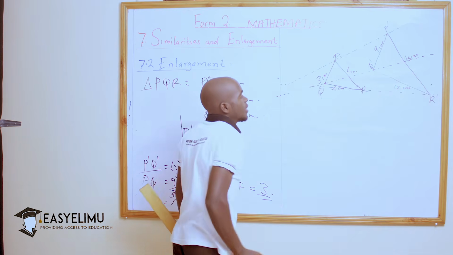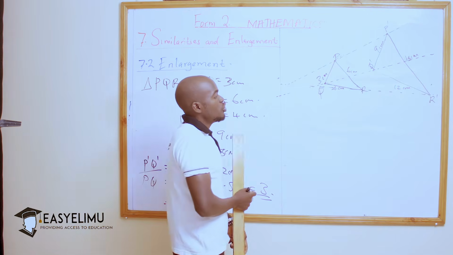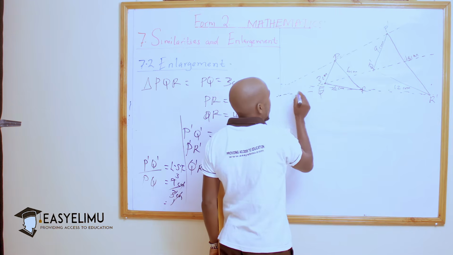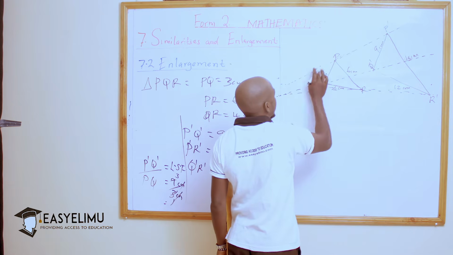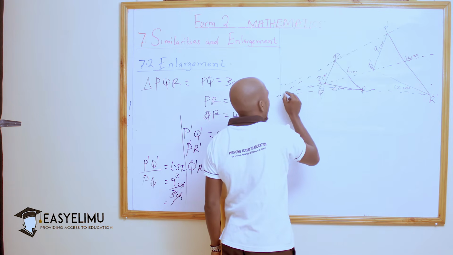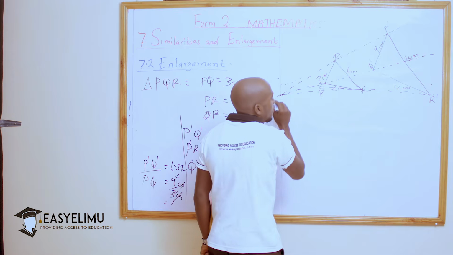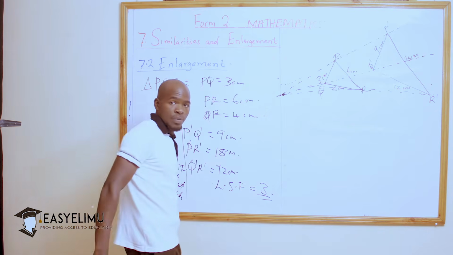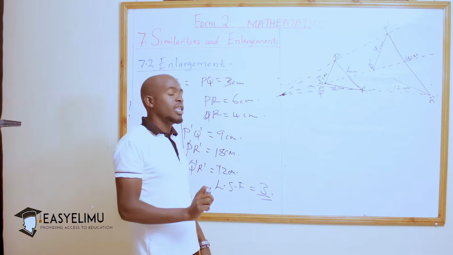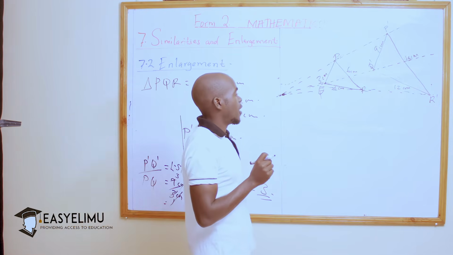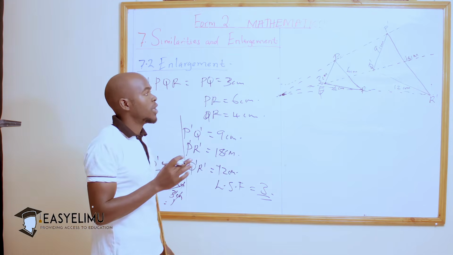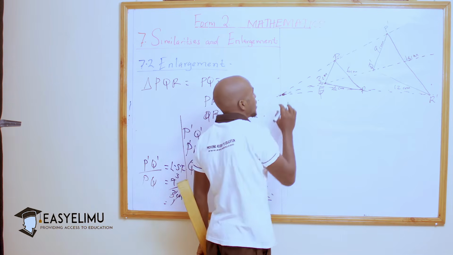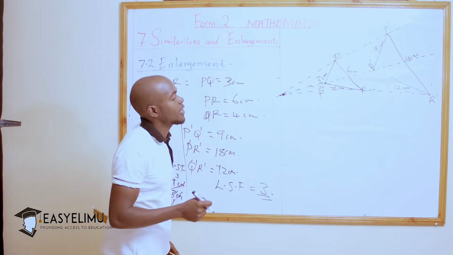Maybe let's say after joining, you will find that they come until they join at a certain point here. Let's say they join at this point here. So you find the 3 lines join at this point. If you construct it, you will find the exact construction, and you will find the lines which are joined by a ruler meet at an exact point.